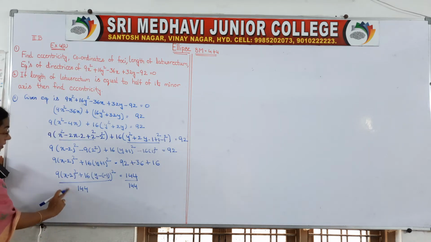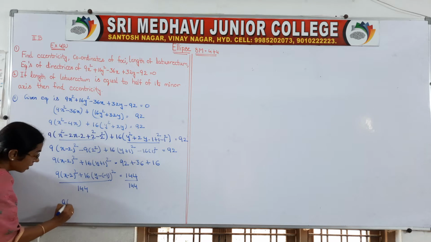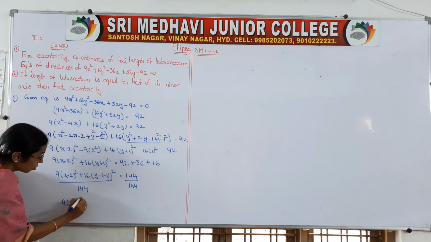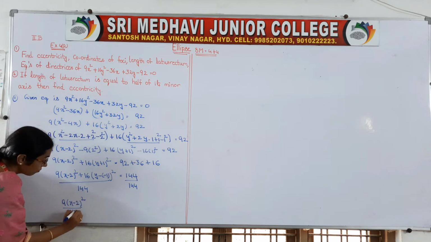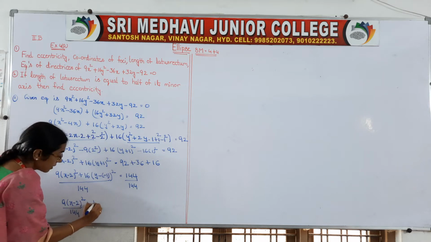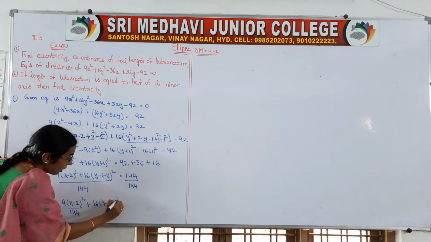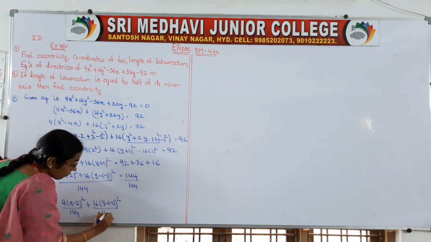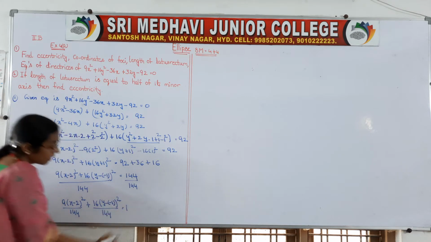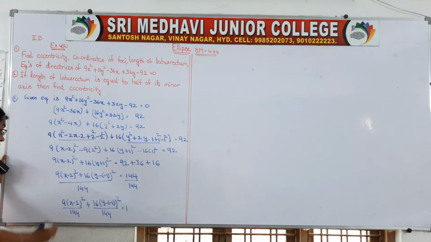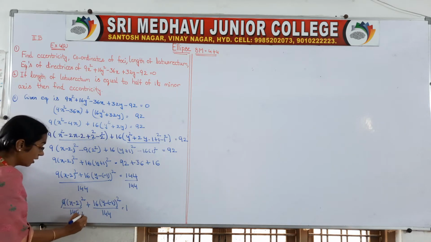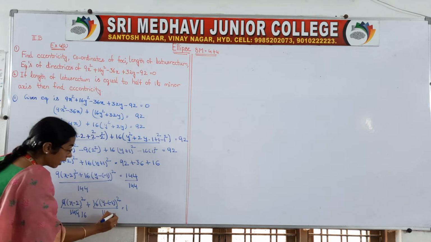Okay, now write separately. This is 9 into (x minus 2) whole square by 144 plus 16 into (y minus of minus 1) whole square by 144 is equal to 1. Okay, so 9 sixteens are, right, and 16 nines are.